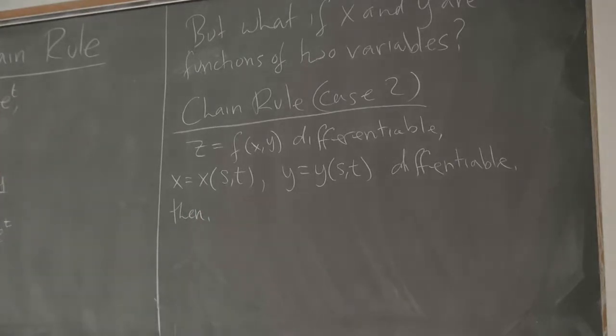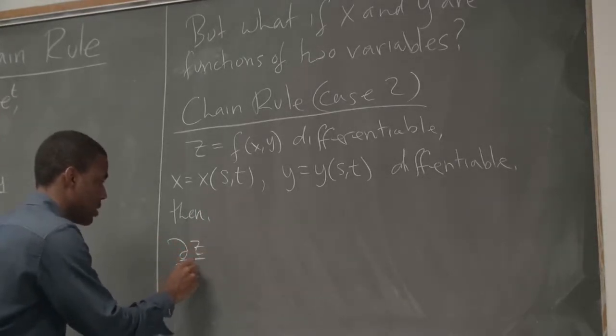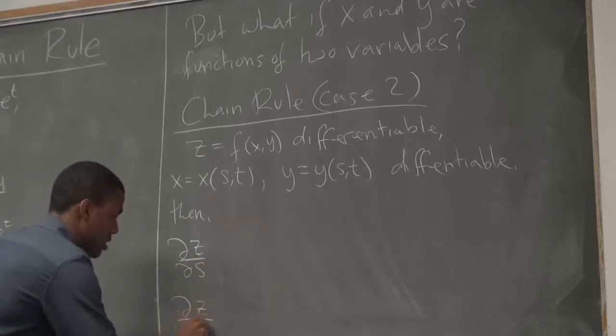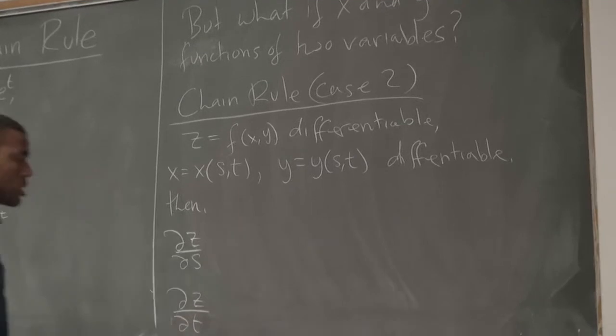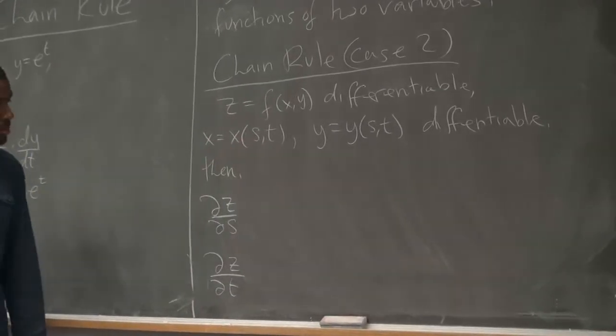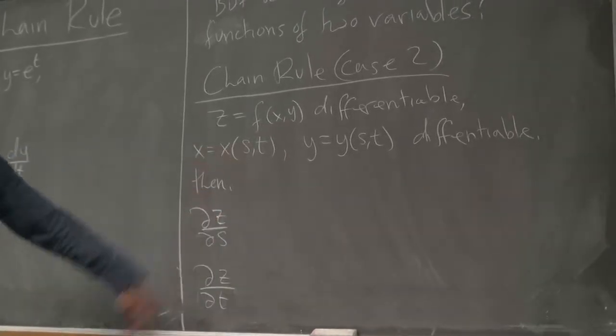Then you can find the partial with respect to each of the independent variables, so you can find dz/ds and dz/dt. Notice now you still have a partial here because you have two independent variables to worry about, so you can do it with respect to each one.